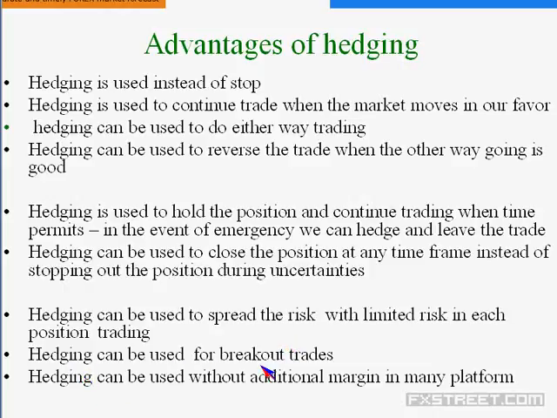So hedging can also be used for a breakout trade. In case there is a sudden breakout, you feel that you can do a breakout trade, then you know that yesterday they made a breakout on the upside in GBP. Then one can take a buy position, then keep a hedging order below the initial high, and they went up and quickly dropped and came below the initial low.